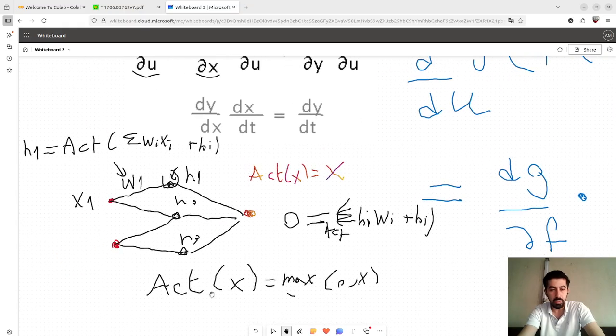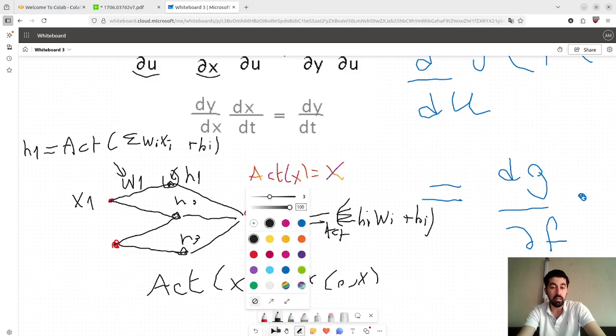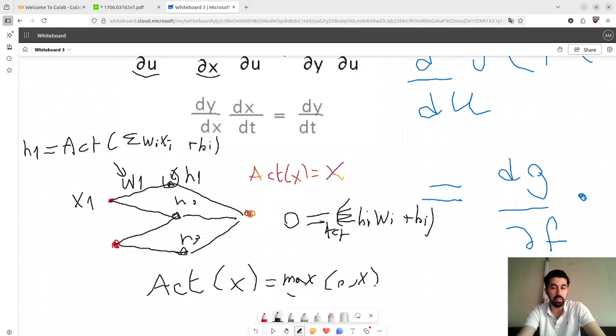So we have our neural network, we run an input, we get an output, and after we get our output, we calculate the loss, because as you know, we have an input, output, and we have a loss. So after we calculate the loss, we have to update W1, so we have to calculate the derivative of the loss function with respect to W1.